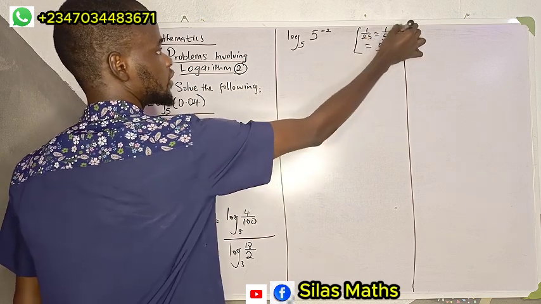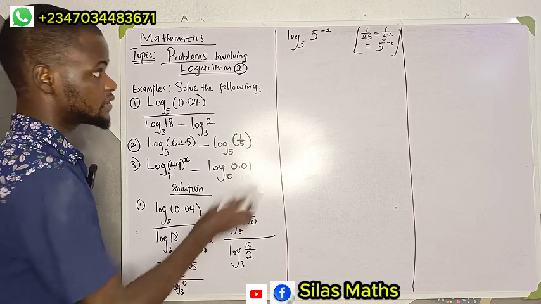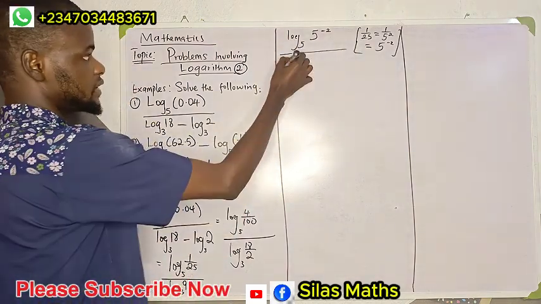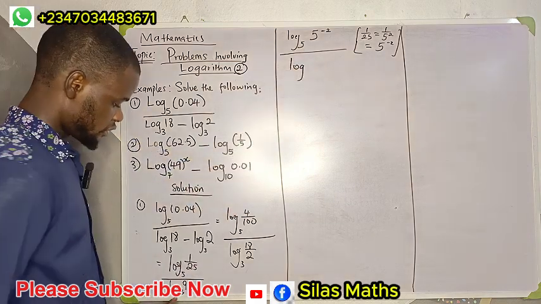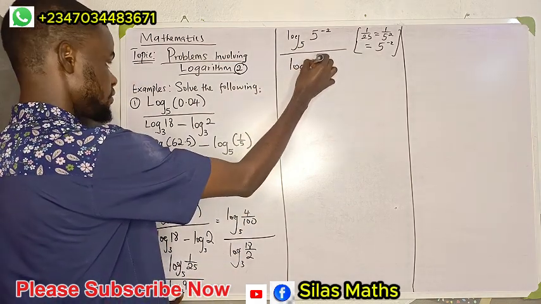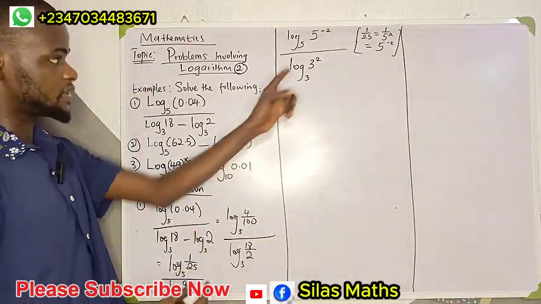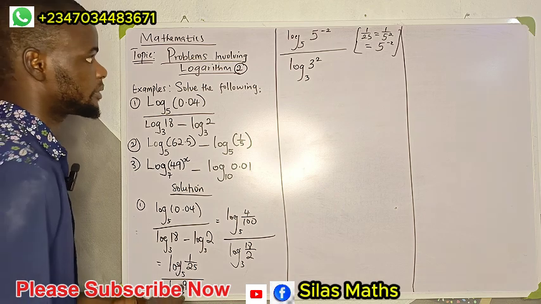So that is why I say that this is equal to this. In the denominator, I can say that this is logarithm of 3 to the power of 2 base 3. Yes, 9 is 3 raised to the power of 2.